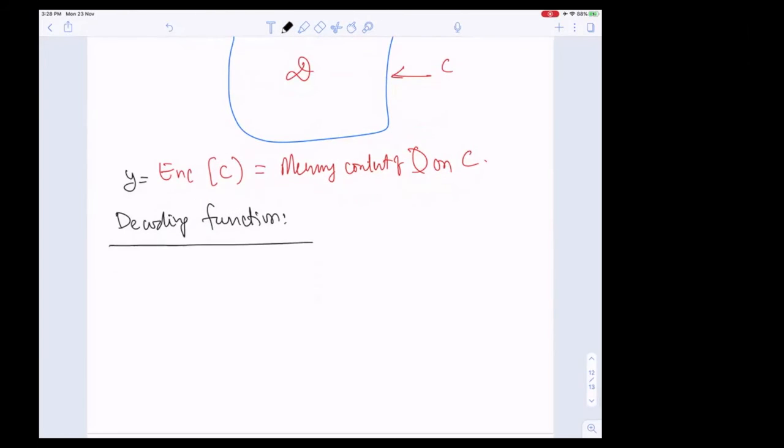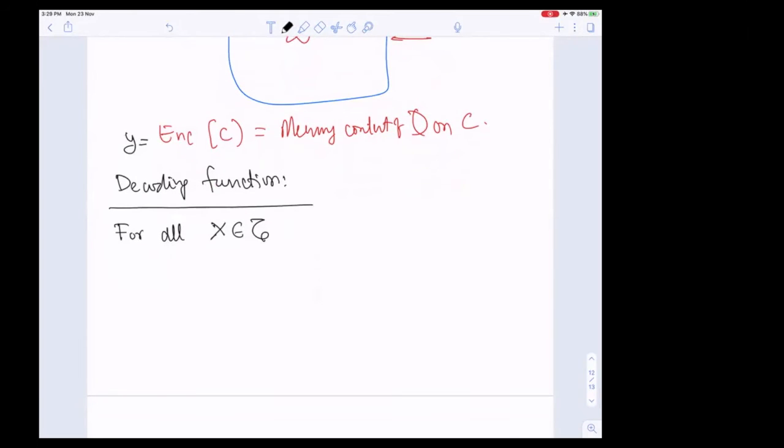So how will we give a decoding function? This time we are not going to construct these elements one by one, okay? So we will construct it slightly differently, okay? So I don't know which one it is, but I will show you how we can distinguish between them. So now take some x in C, okay?